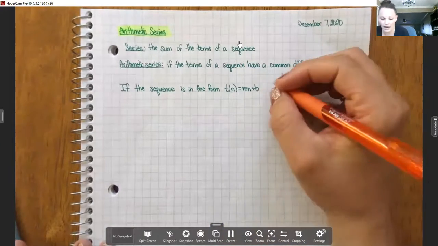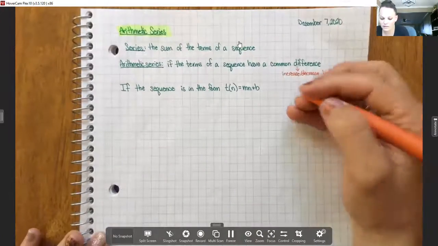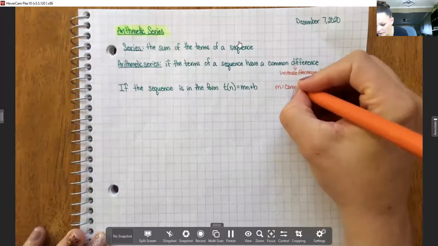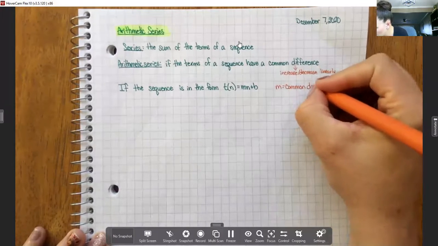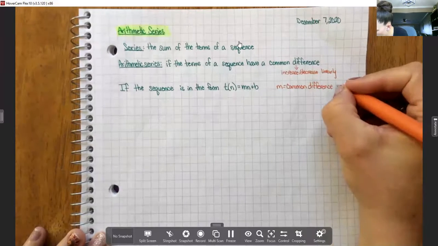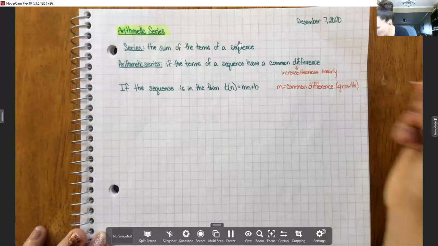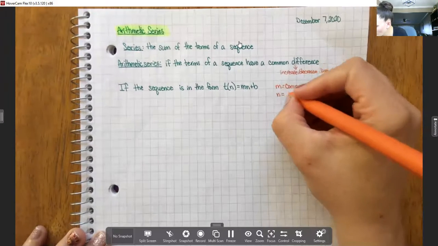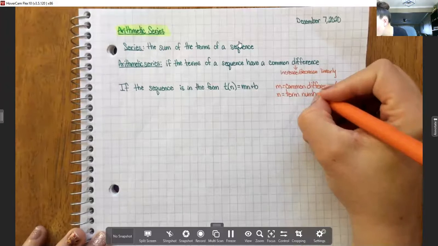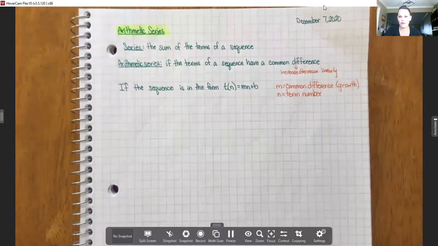So if this is the case, I'll just define all of these. m would be the common difference, or the growth. n is the term number. So is it the first thing in the list, the second thing, the third thing, etc.